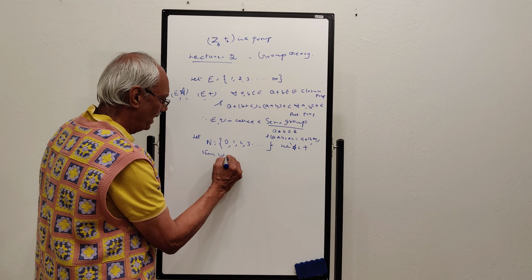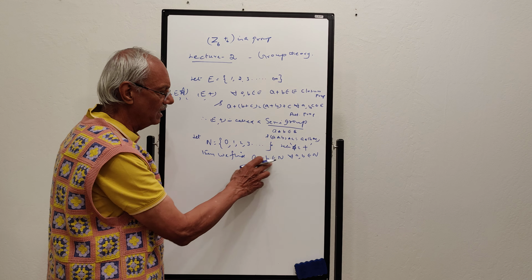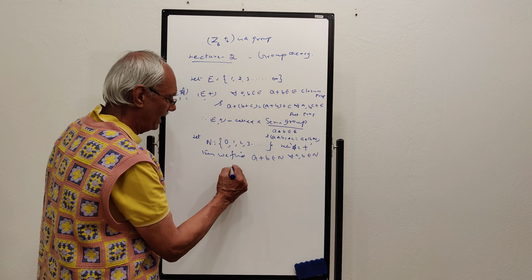Then a plus b belongs to N for all a, b belonging to N. Any two elements you take, you do the addition, and you get an element of N. So the closure property is satisfied, and (a plus b) plus c is equal to a plus (b plus c) for all a, b, c belonging to N. So this is the associative property.